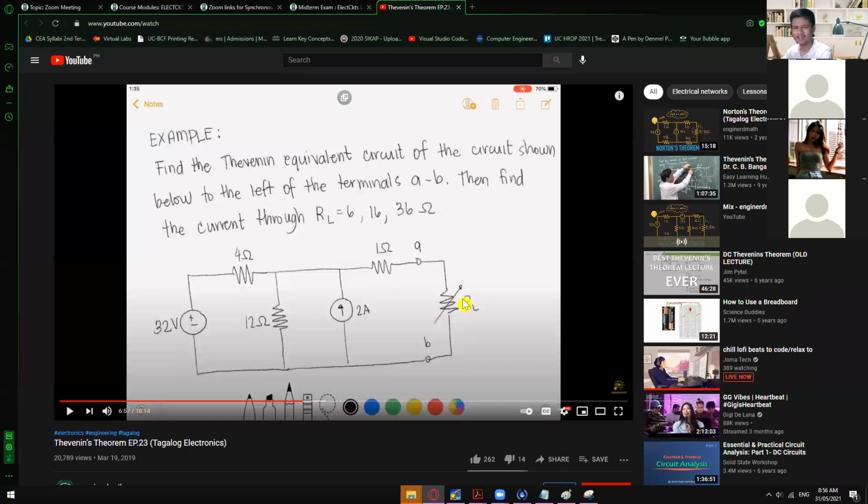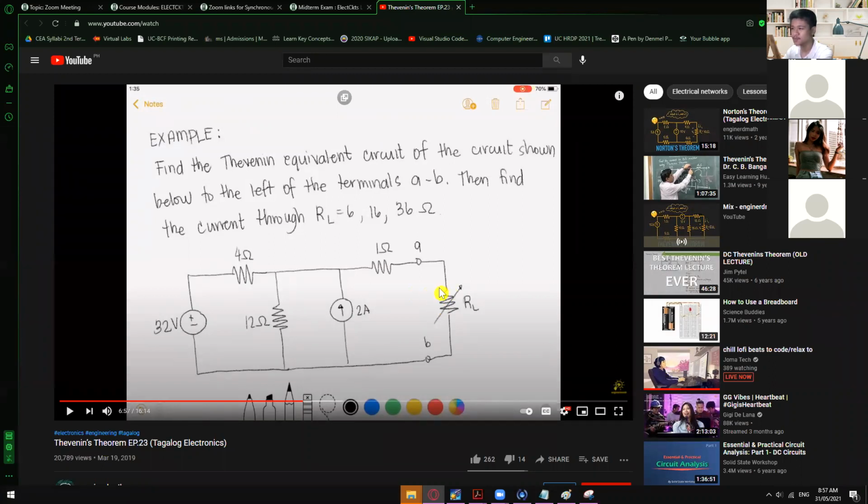When we say RL, load resistance, that is where we put our devices or appliances. Let's say this is a TV for now, and you want to solve for your electricity fee, yung binabayaran natin sa kuryente, basta yung power.